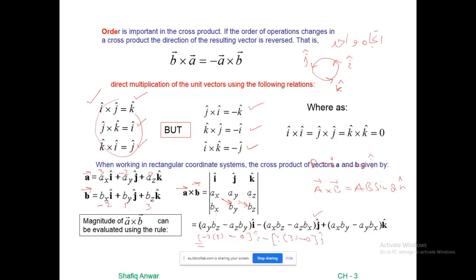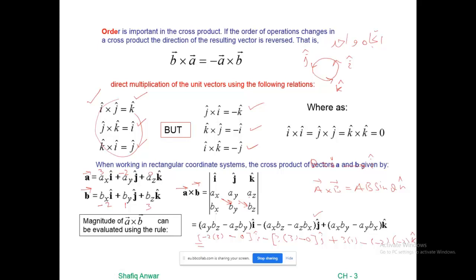And then you have ax, for example 3, by you have 1, minus ay bx. ay is -2 and bx is -2, and then k.